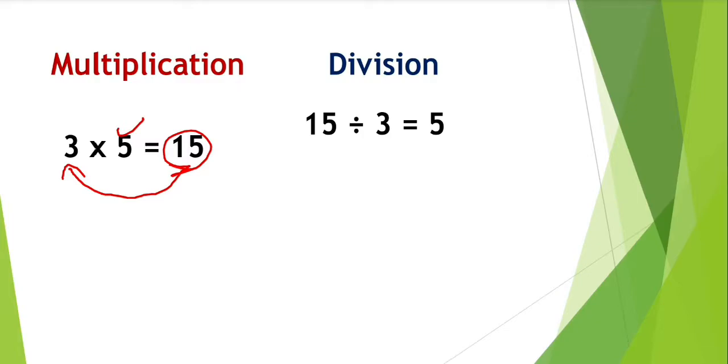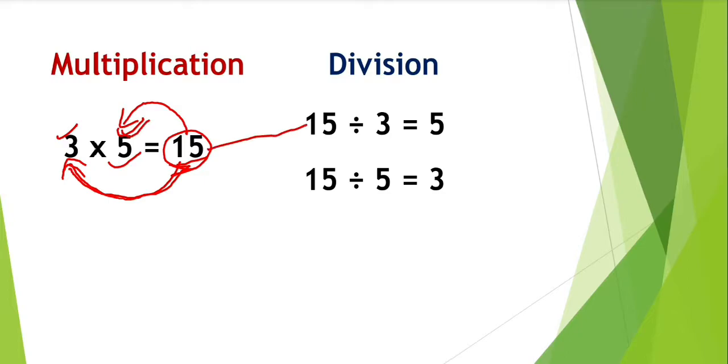Similarly, we get another division also. When we divide 15 by 5, we get 3 here. So 15 divided by 5 gives 3, and 15 divided by 3 gives us 5. Like this, one multiplication can be converted into two divisions.